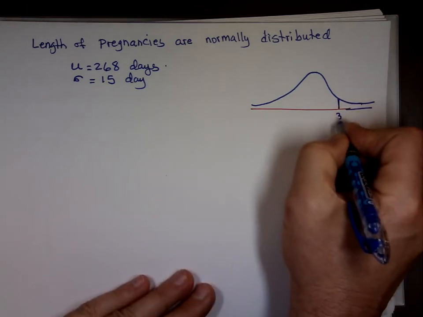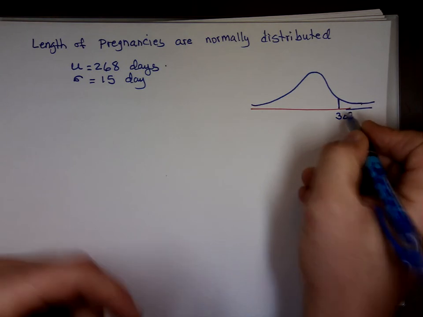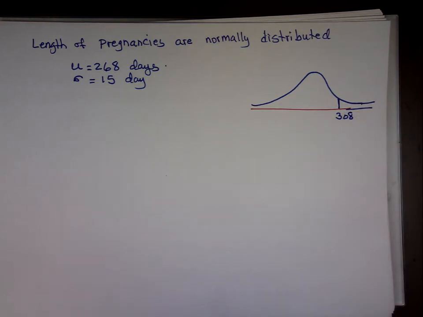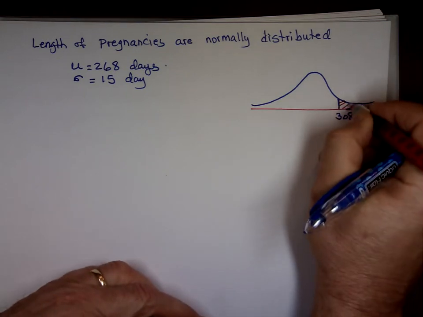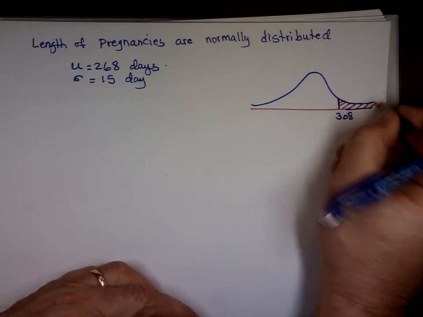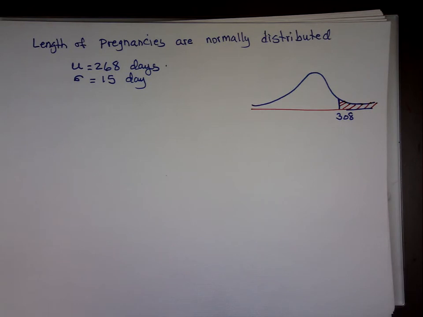And the question, what percent of the pregnancies last 308 days or longer? So that was in Dear Abby. What percent of the pregnancies will last 308 days or longer? Because that's what they're asking.